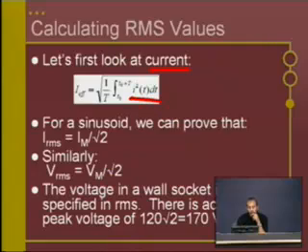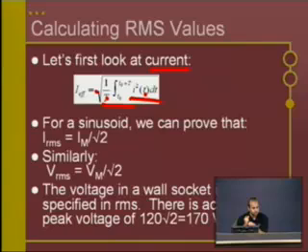Then the integral over the period T gives us the mean over some period of time, and then we take the square root of it. So here's the R, here's the M, here's the S, root mean squared. And you actually perform the operations in reverse to get to that number.